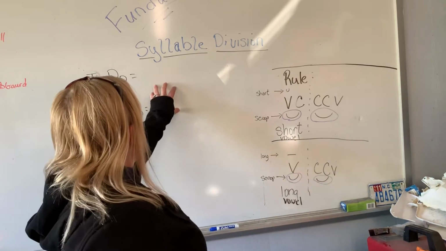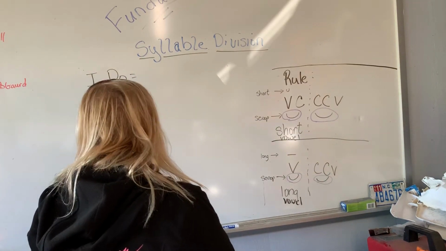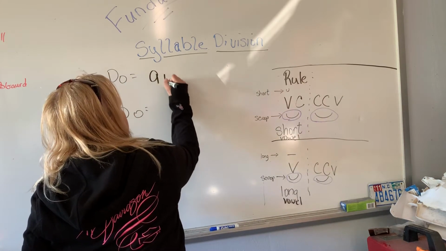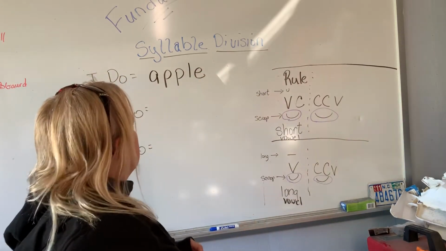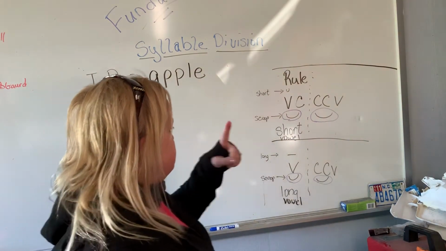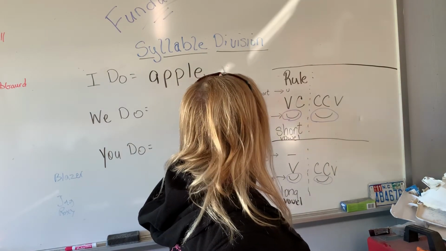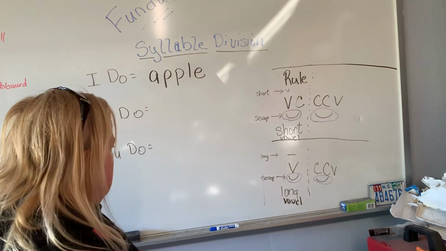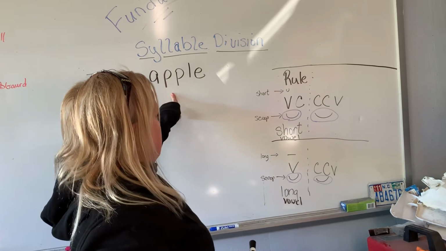So over here, I'm going to demonstrate first. The first word that we're going to demonstrate with is the word apple, okay? So I need to decide if this word apple is going to be a short or a long vowel word. And I need to scoop out my word.